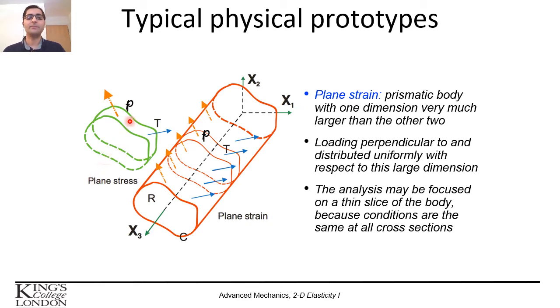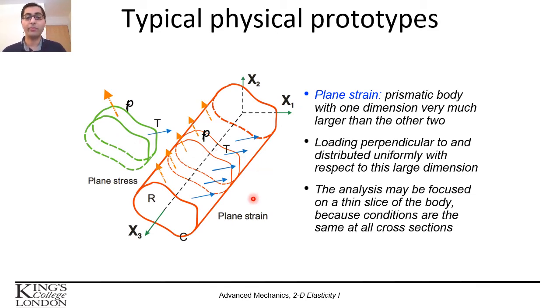So basically, the case of plane stress, it's a thin cut section of a body with uniform loads aligned with that plane, but there is no stress or forces perpendicular to that plane.